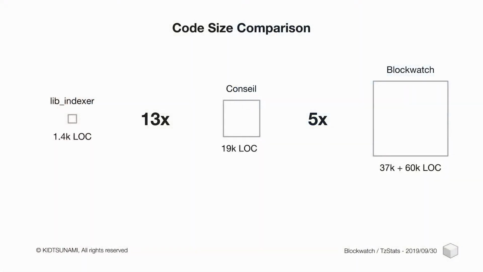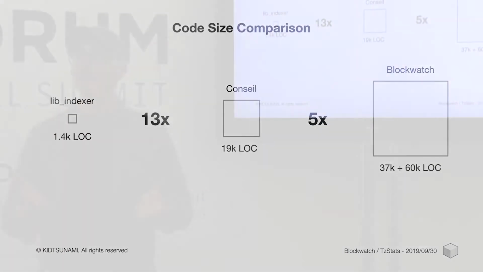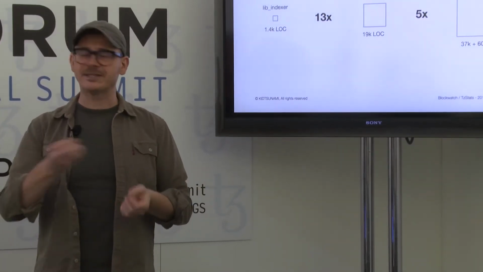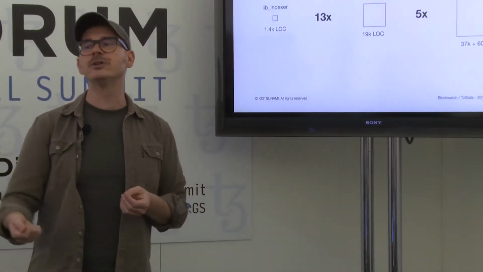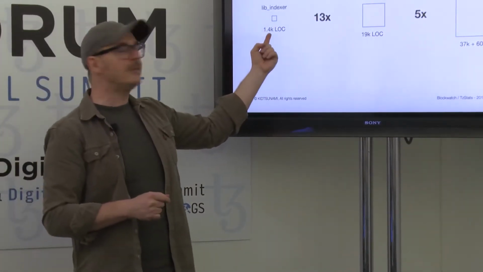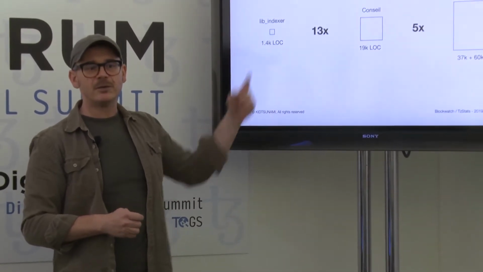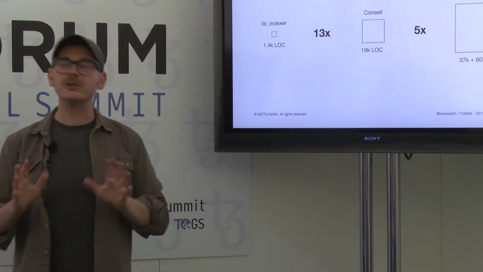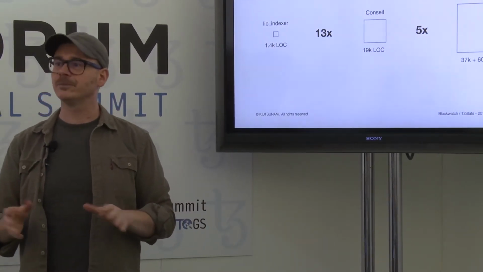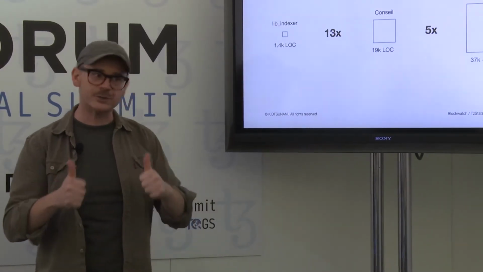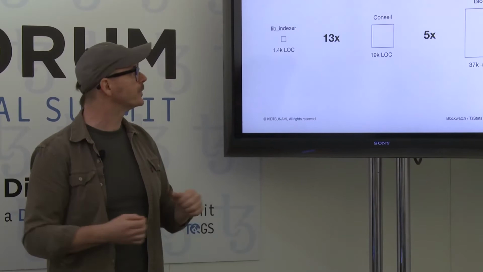There is one thing that's worse as compared to other solutions, and that's the code size. Because the indexing does a lot more things than a simple extraction and loading into a table, it's much, much bigger. For comparison, the lib indexer from Nomadic, which is a very simple ETL job, only has 1,400 lines of code in OCaml. That's great. It's a very tiny piece of software that does a basic job. Super, it's great. But it uses a SQL database.